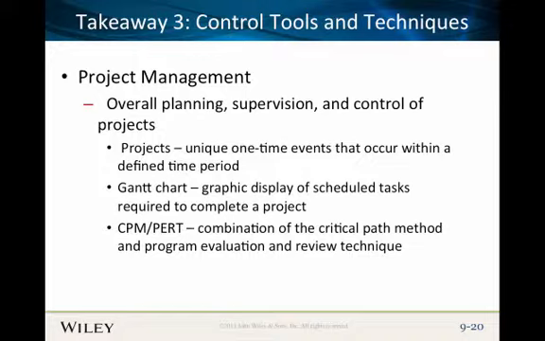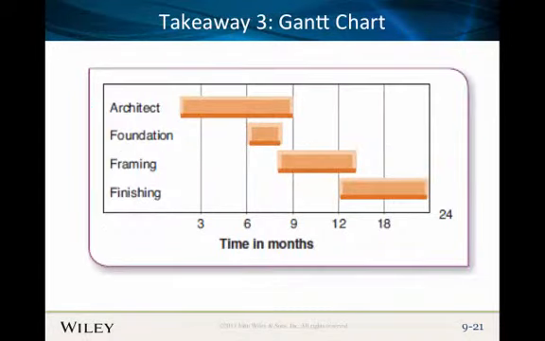One way is by using something called a Gantt chart. A Gantt chart is a graphic display of tasks required to complete a project. What's really important in many project management arenas is controlling the schedule and making sure that you stay on schedule and you meet deadlines, because missing deadlines can not only cost you money, but it can delay the entire process, thereby hurting your bottom line, hurting your ability to perhaps do the project effectively.